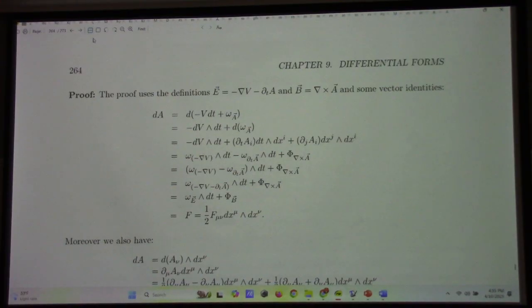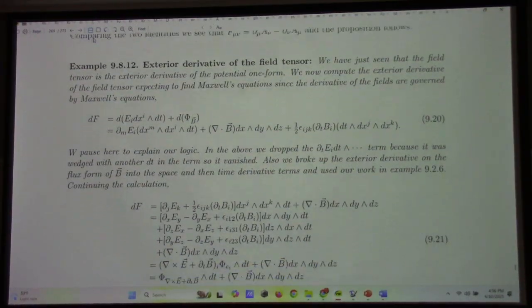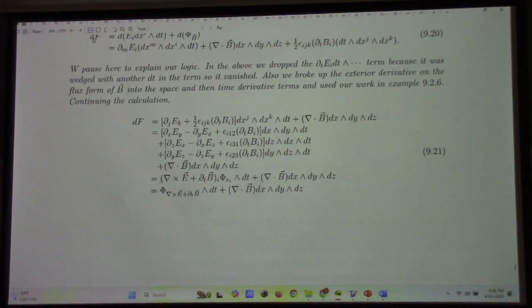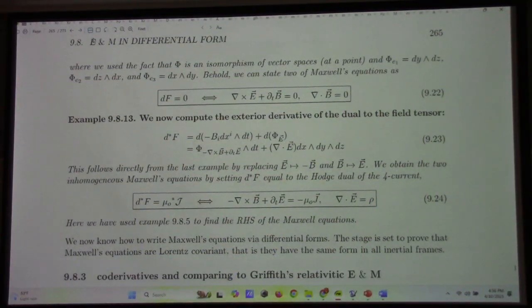It's similar to what we did, so here again we did this calculation a second ago. So in summary, dF equal to 0 is Faraday's equation and no magnetic monopoles, and this equation is Ampere's law with Maxwell's correction and Gauss's law.